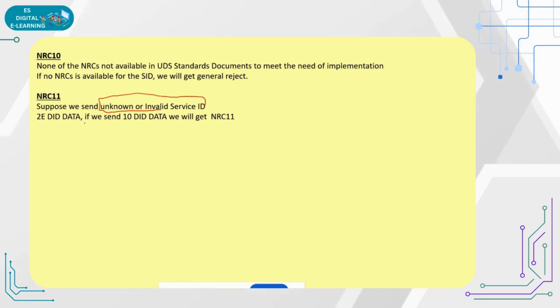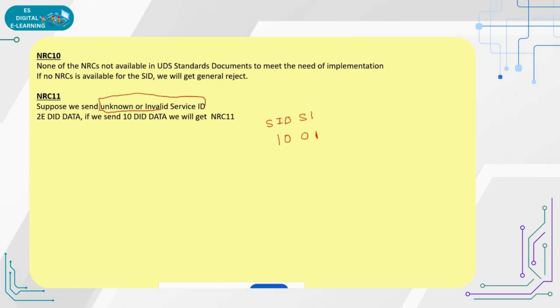Suppose we need to send the data. What is the service ID here? If we are using 10, this is the service ID and this is the sub function. Instead of 10, I am making it 21 and 01.